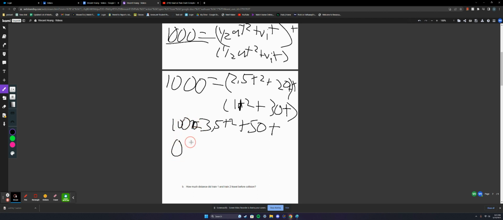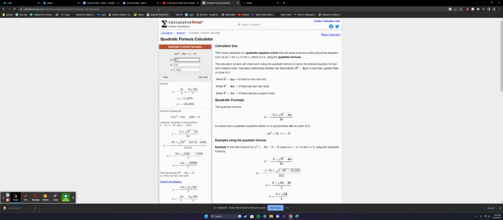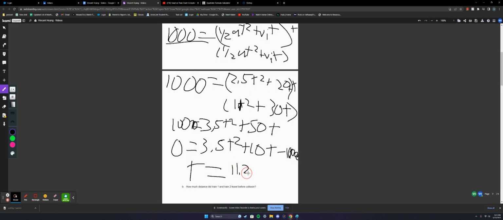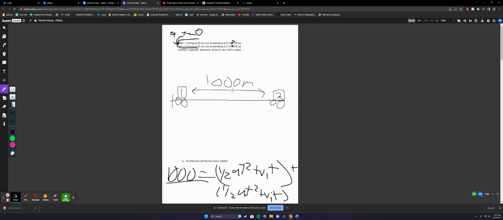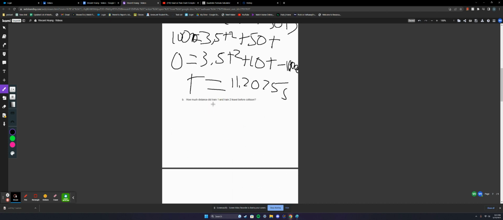Now we can use the quadratic formula, subtracting 1,000 from both sides. Putting it into the quadratic equation, time equals 11.2075. So 11.2075 seconds is the time that both trains will collide.